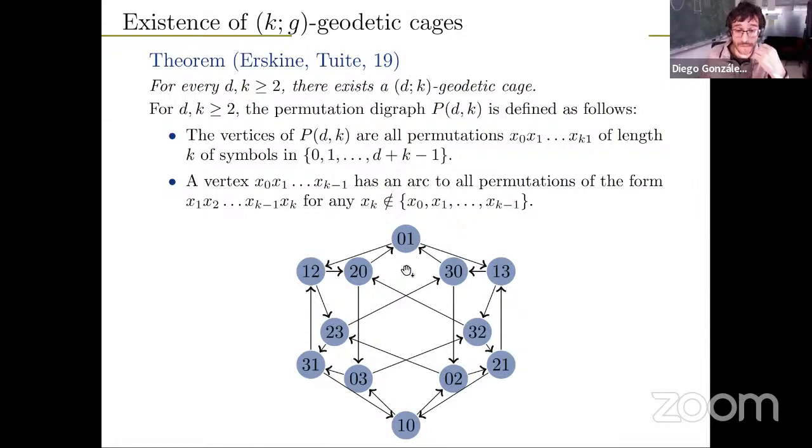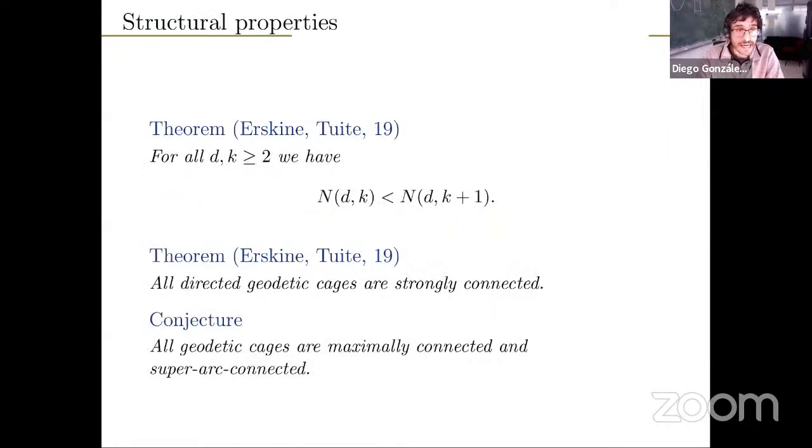So this is a well-known family in the digraph world. And this family of digraphs are k-geodetic, not k-geodetic cages, but (d,k)-geodetic digraphs. So this family gives the existence of k-geodetic cages. And again, when we are studying the family of cages, or any generalization of cages, we want to study some structural properties.